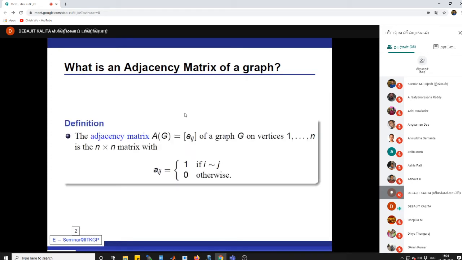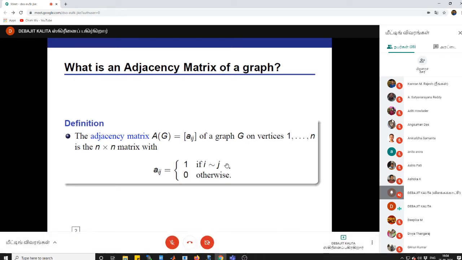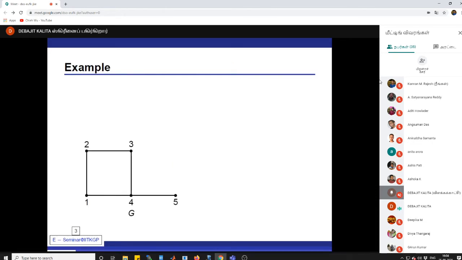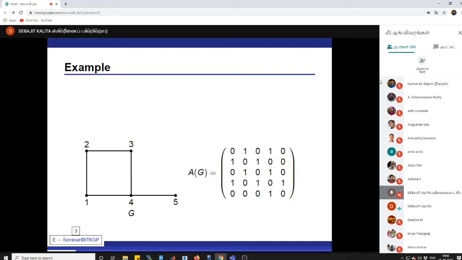Suppose we have a graph G of order n, whose vertices are say from 1 to n, then we know that the adjacency matrix is an n by n matrix, where rows and columns correspond to these vertices, and the ijth entry will be 1 if i and j are adjacent, otherwise it is 0. So for example, we consider this graph G, and its adjacency matrix is this.